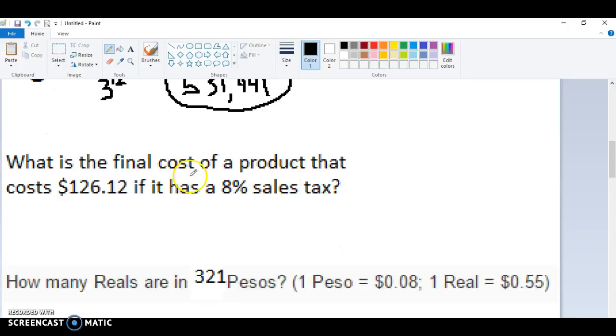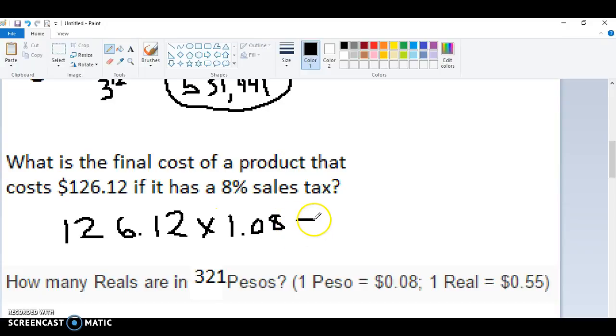What is the final cost of a product that costs $126.12 if it has an 8% sales tax? So all we're going to do here is we're going to take the cost, and we're going to times it by the sales tax. So I'm going to times it by 1.08. Now if this changed to a 6, it would be 1.06, and then so on and so forth.